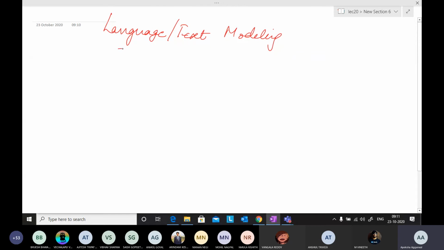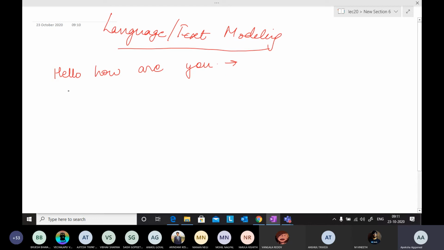For example, the sentence is, let's say, hello, how are you? So what is the probability that I will get this sentence? What are the chances that I will get this sentence as output?